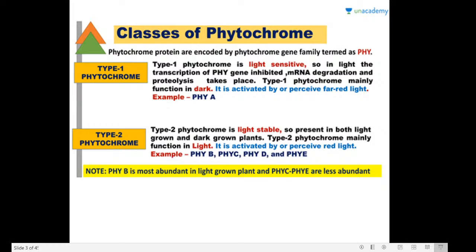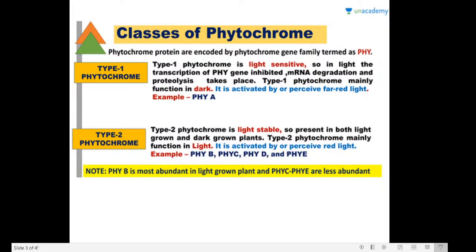Type 1 phytochrome works in dark condition, it uses far red light, and an example is phytochrome A. Then type 2 phytochrome is light stable, not sensitive, and its function is mostly in the light condition, that means daytime.